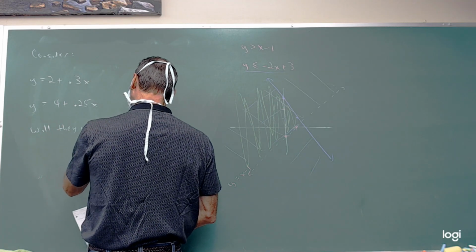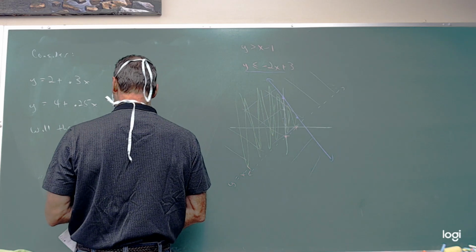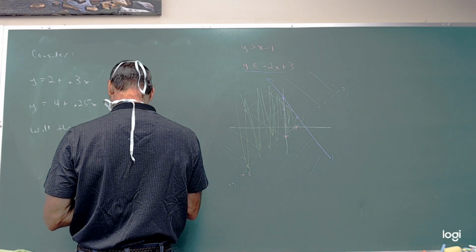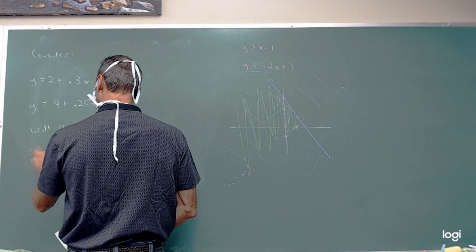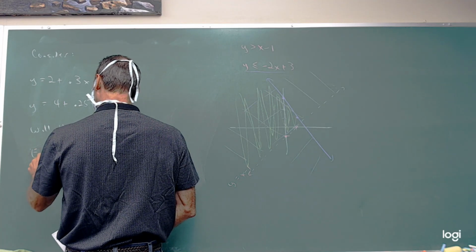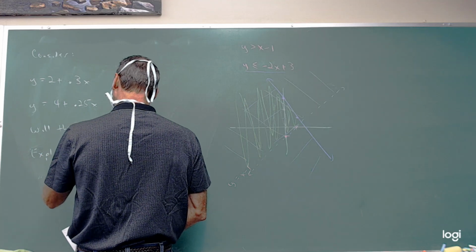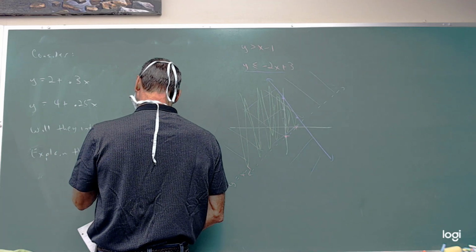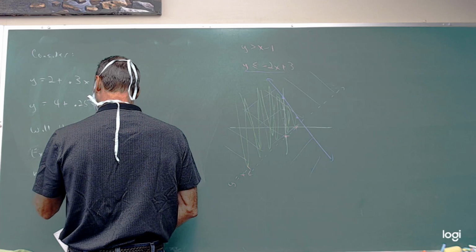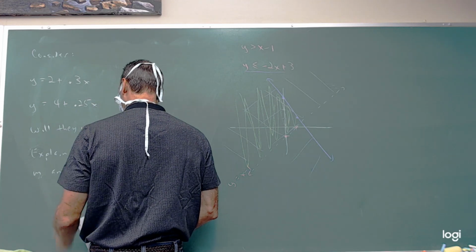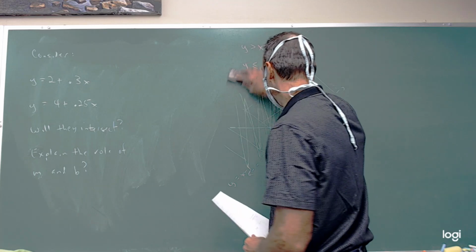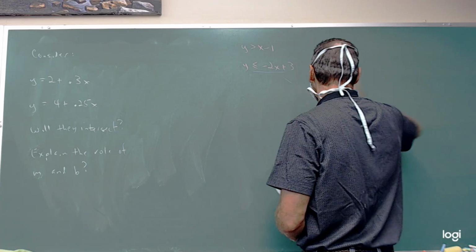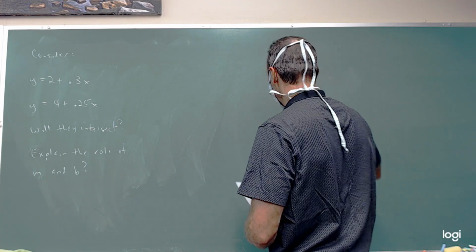I'm going to ask you to turn to your neighbor in a moment and discuss this. I would like you to explain the role of m and b. So when you're making this decision, are they going to intersect or not? How does that m and b impact what's happening there?